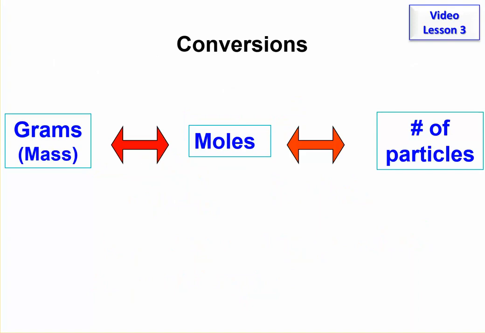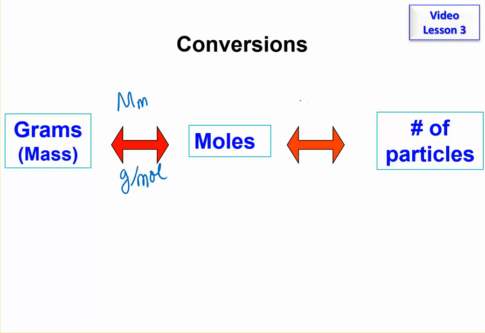So now we can do some conversion type problems because we've just learned 2 new conversion factors. This is our little map showing how we're going to get from one quantity to another. To go between grams and moles, we need a conversion factor that involves grams and moles. And our new conversion factor is molar mass. You know the units for that are grams per mole. That's our bridge. And then we need a conversion factor that relates moles and number of particles.